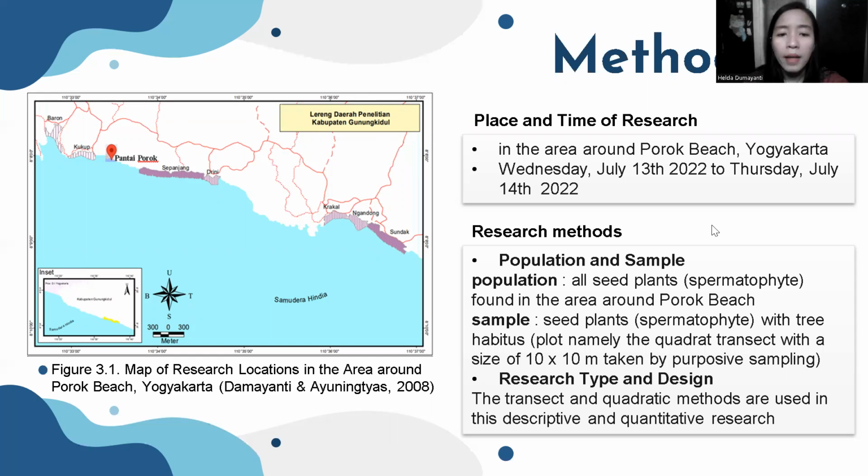Sample: seed plants with 3 habitus, plot namely the quadrat transect with a size of 10 times 10 meters, taken by purposive sampling. Research type and design. The transect and quadrat methods are used in this descriptive and quantitative research.